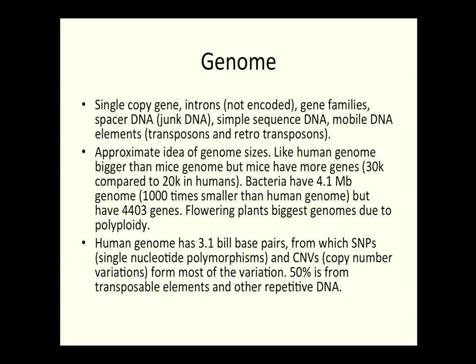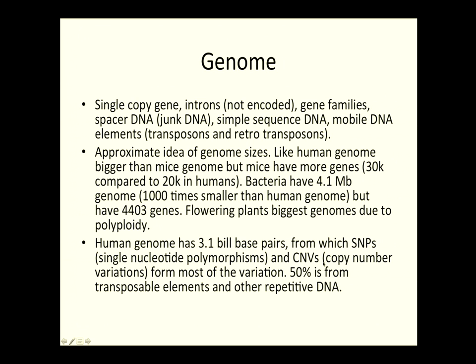No, you don't. And an example would be between mice and humans. So humans have a bigger genome, but they have fewer genes than mice, which have a smaller genome. Okay. And definitely know the biggest genome belongs to flowering plants because of polyploidy.